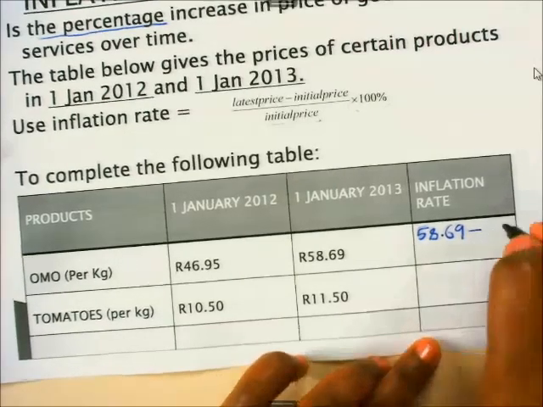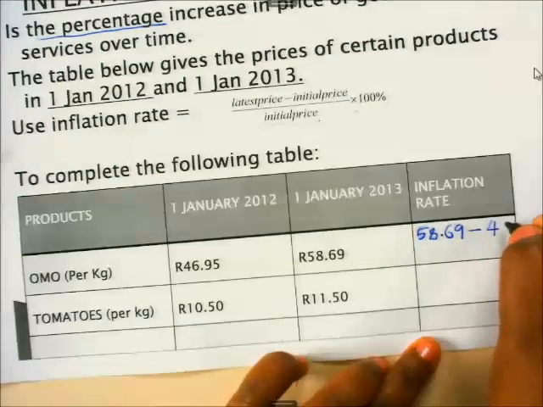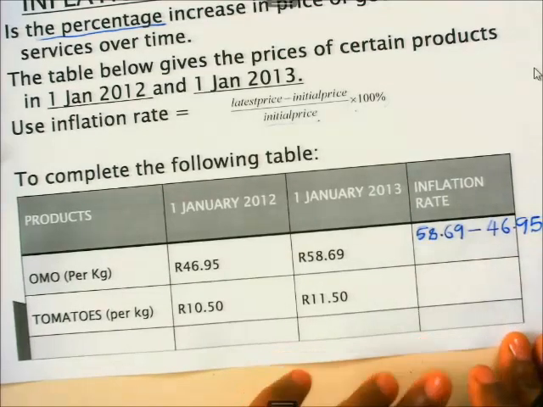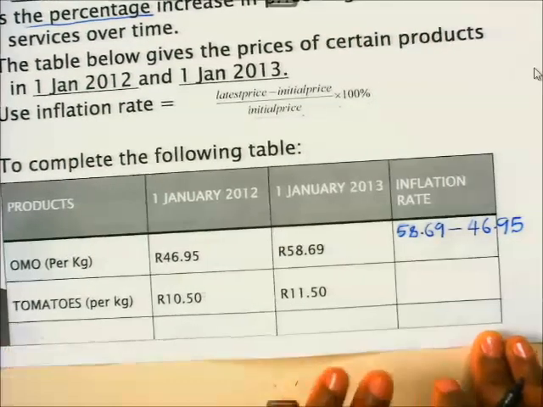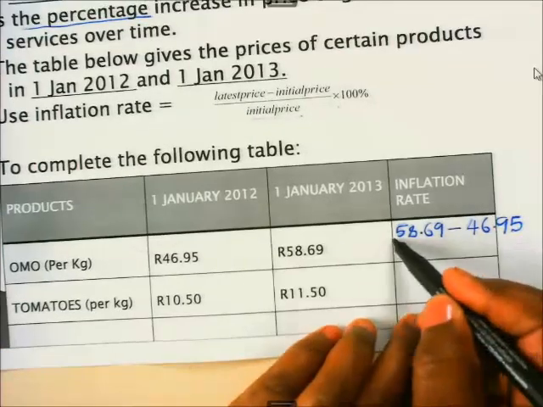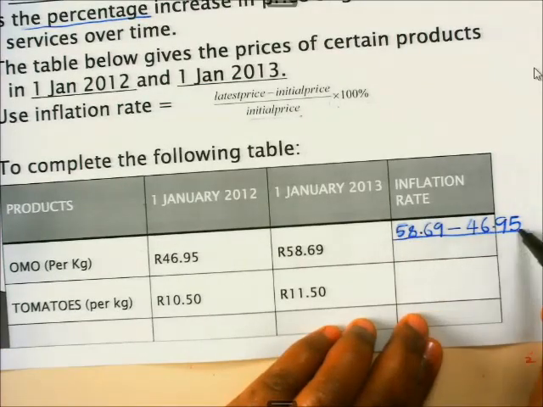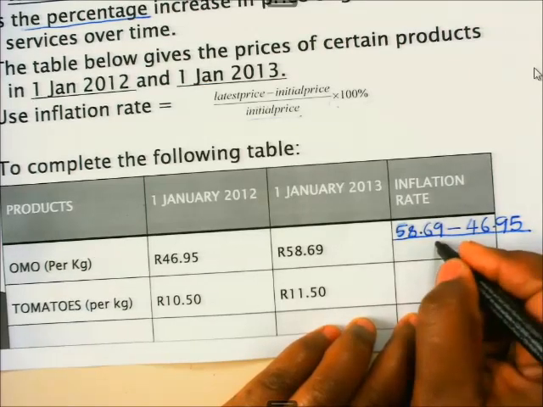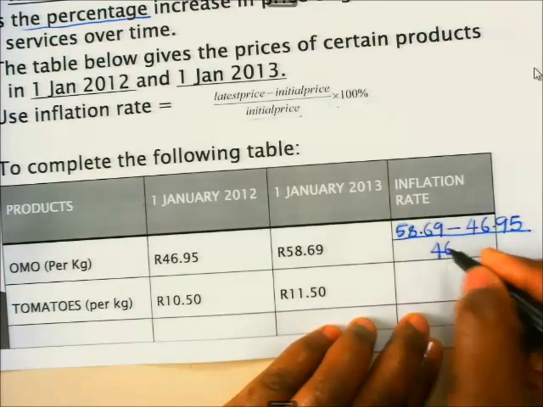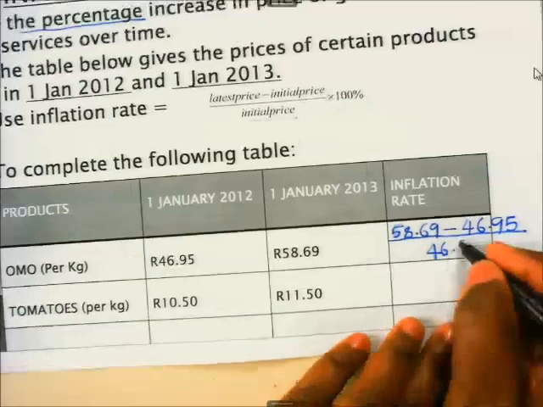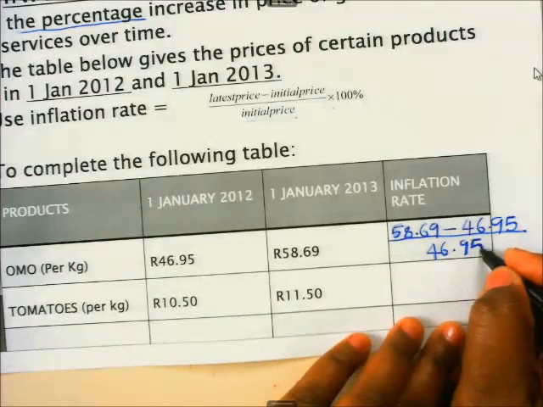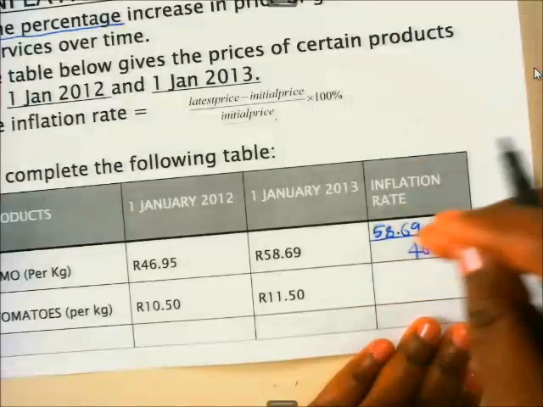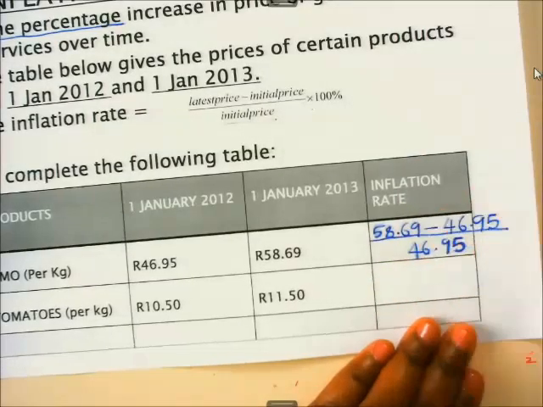It was 46 rands 95 cents. Right? And then according to the formula, we divide the whole thing by initial price, which is equals to 46 rand 95 cents.